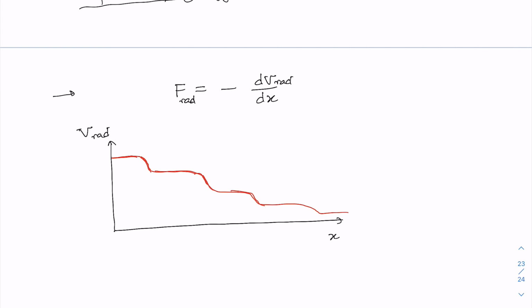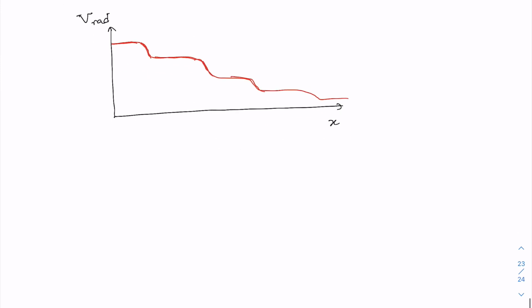If we want to know the total potential of the mechanical oscillator, or the movable mirror, then we need to add the intrinsic potential that describes the motion of the mechanical object. And you know the mechanical oscillator oscillates simple harmonically, so we'll have a parabolic potential like this.